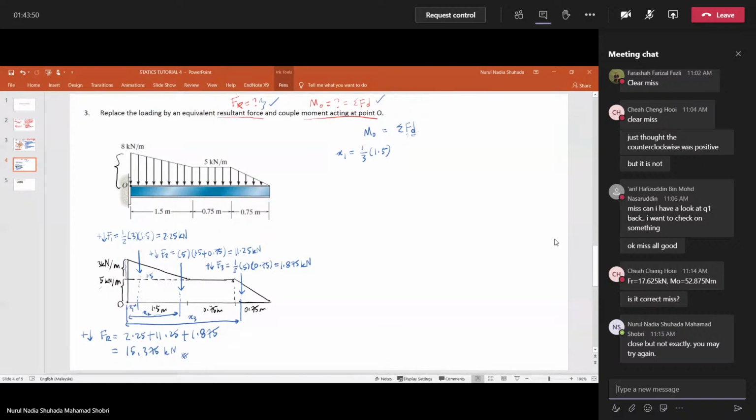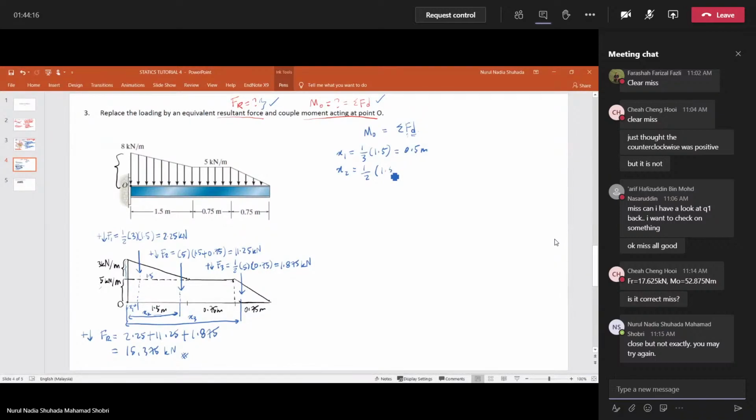So you guys would get 0.5 meter. x2 is the rectangle, so 1 over 2 times 1.5 plus 0.75, so you guys would get 1.125 meter.